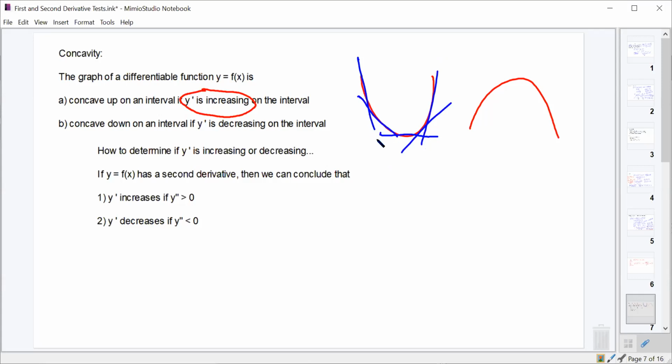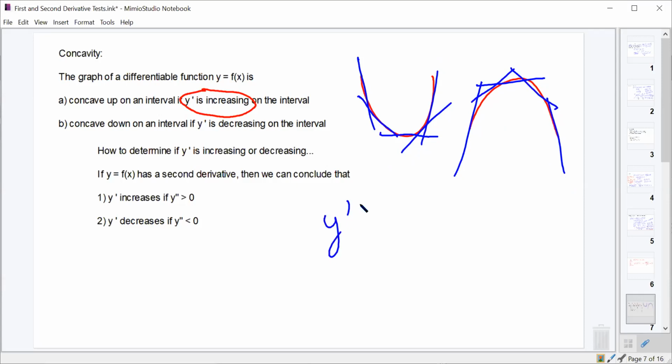Right? Our derivatives are increasing because the function is concave up. Here we start with a value like 5, and then they decrease, right? They go from large positives to 0 to large negatives. So if the derivative is increasing, the function is concave up, and if the derivative is decreasing, the function is concave down.